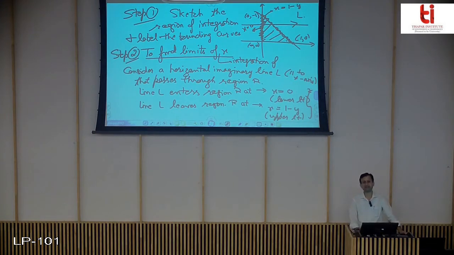But here this is not the case, because wherever it enters the region the boundary line is the same, and wherever it leaves the region the boundary line is the same. So this completes your step 2.